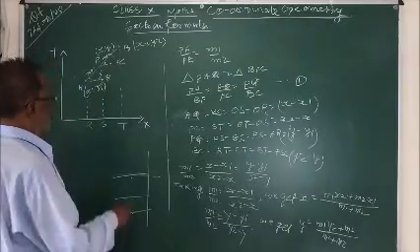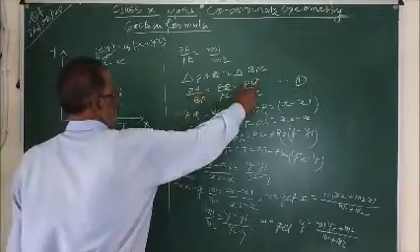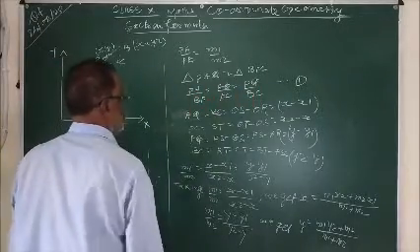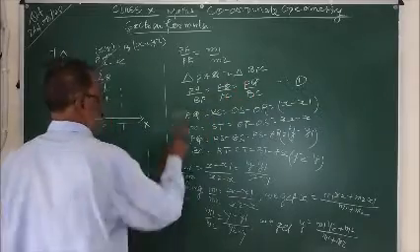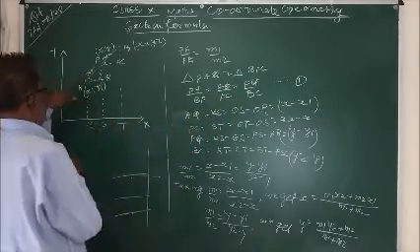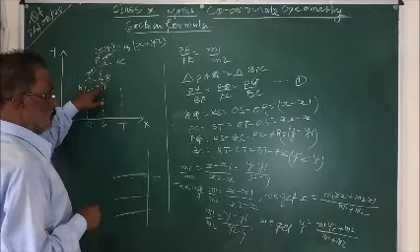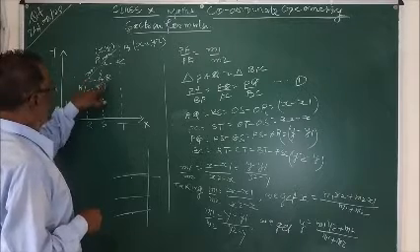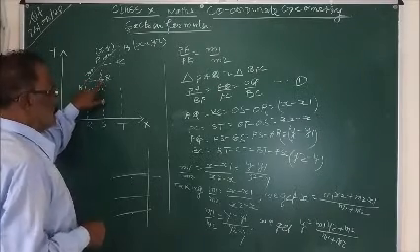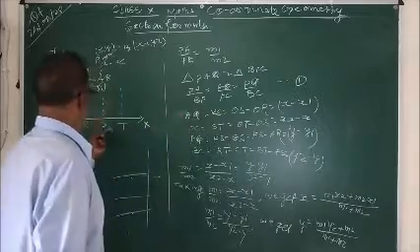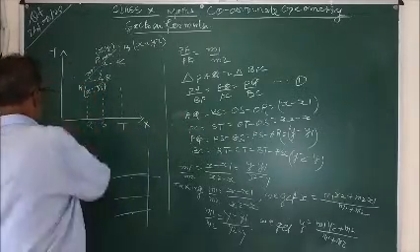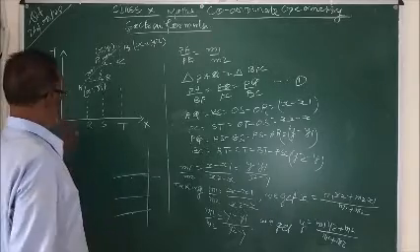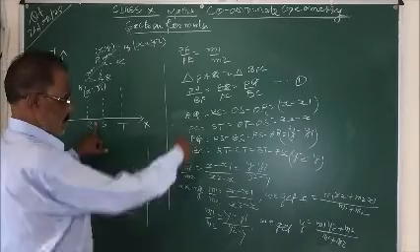Now we find the values of PA, PB, AQ, PC, PQ and BC. AQ you see, AQ here. So AQ is equal to what can we write? AQ is equal to RS. This is the rectangle, and RS is equal to OS minus OR.